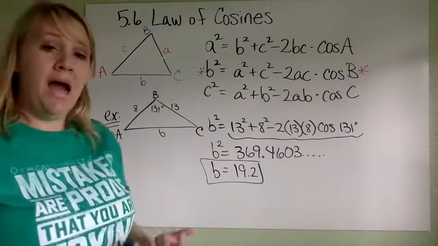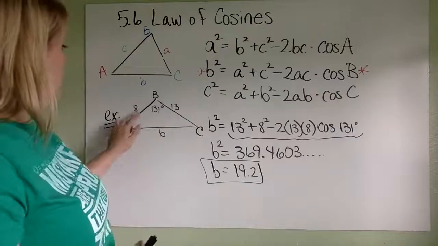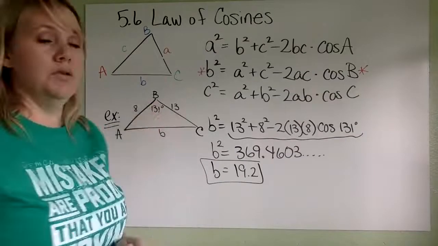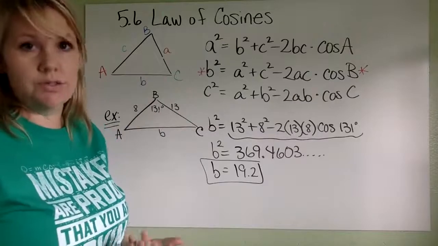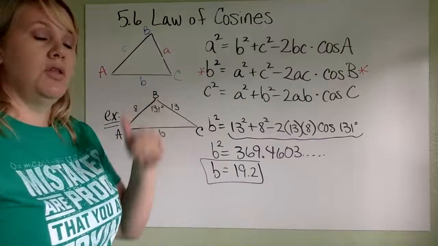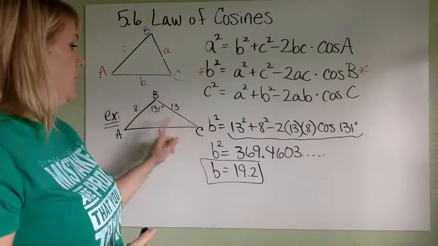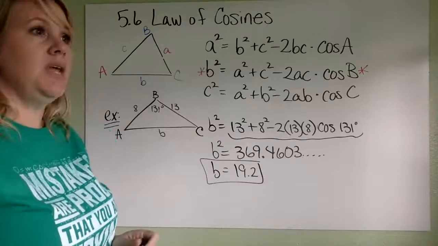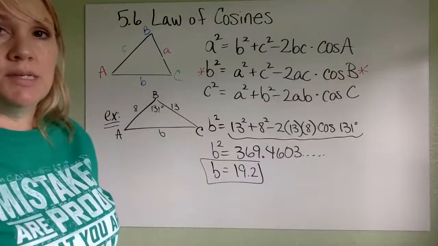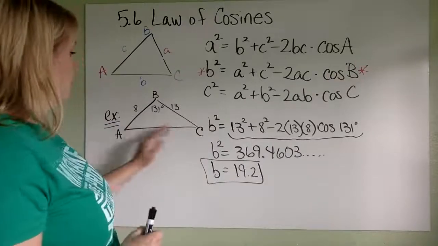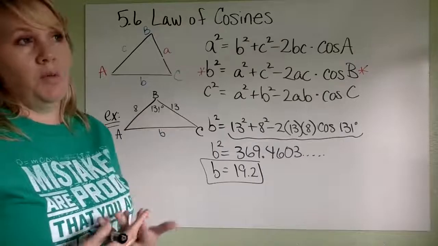Okay, so now we have all three sides and one of the angles. What we need are the other two angles. So we're going to use the law of sines to solve for one angle, A or angle C. It doesn't really matter which one we solve for. We can solve for either one. What I want to say is two things.